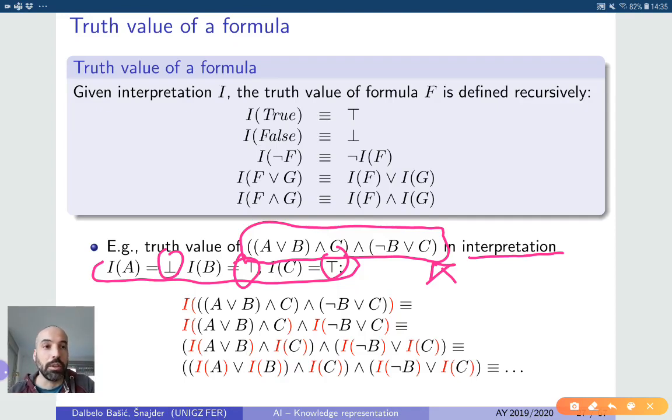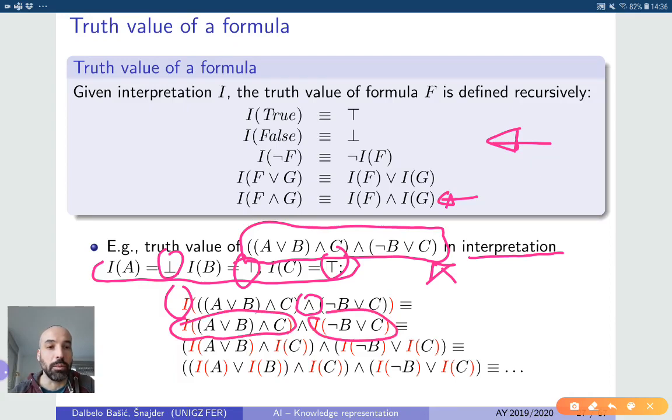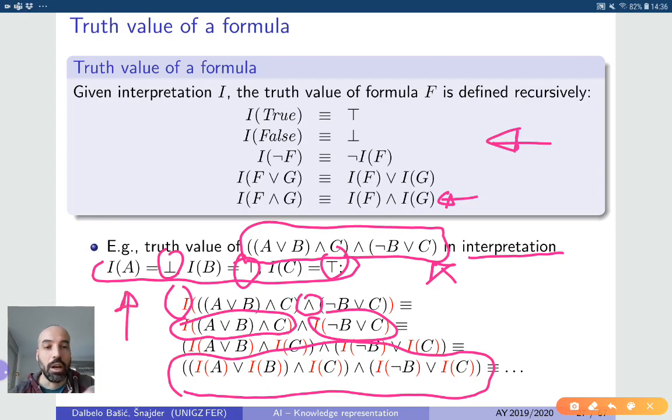So what we do now, we apply essentially this recursive formula here. We apply the I interpretation function to the entire formula. And what we need to do then, we will decompose the formula based on AND, which essentially means this is the rule we are applying. So I is applied to this part of the formula and to this part of the formula. And then, we go on and dive in deeper until we end with I being applied to the variables or atoms, the value of which we can read off from the interpretation function as defined initially.